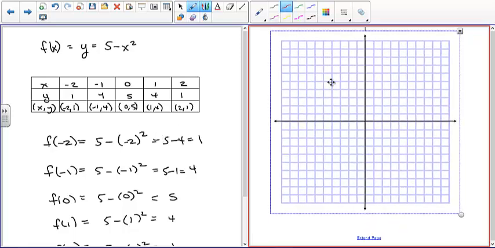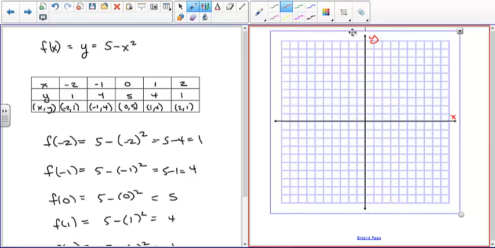So our points are, this is our x-axis, this is our y-axis, and you want to choose a scale that maximizes the space on the graph. You can see the maximum y value is 5 and the minimum is 1. So you might say, let's go from 1 to 5, but we do want to have a little room to extrapolate.